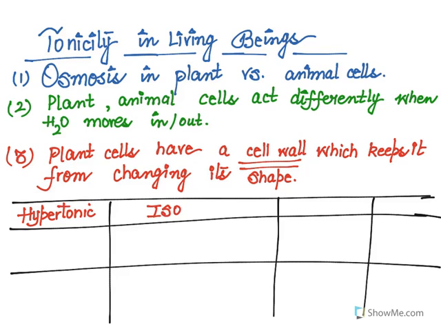Isotonic, where we have equal, and then hypotonic. And here we are going to look at the animal cell and the plant cell.